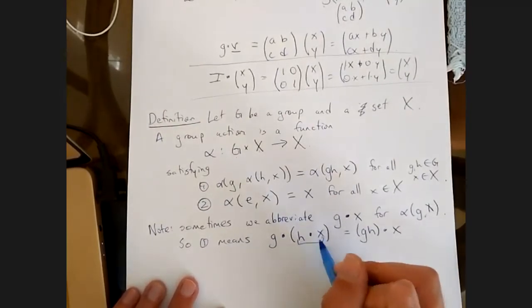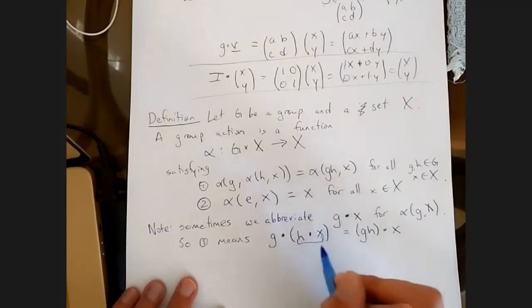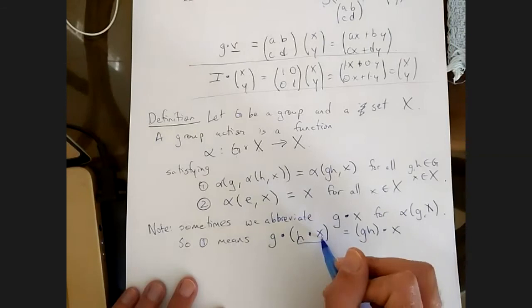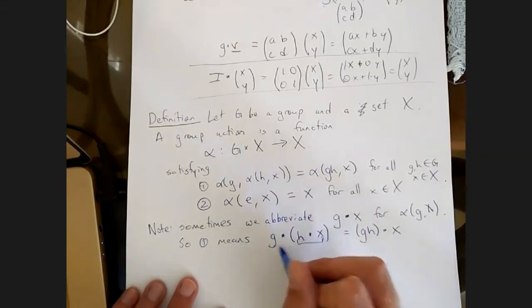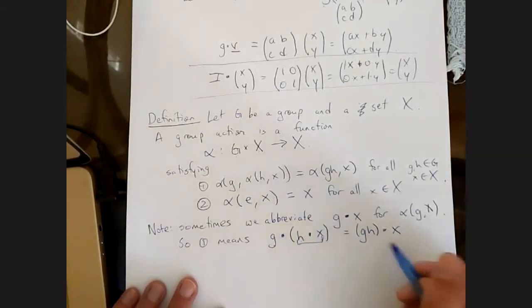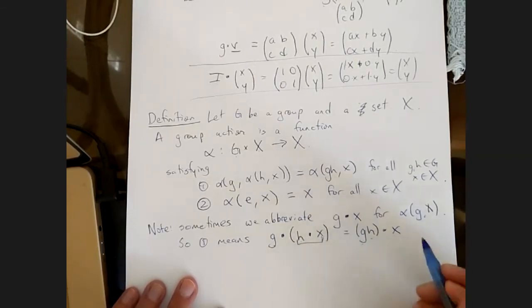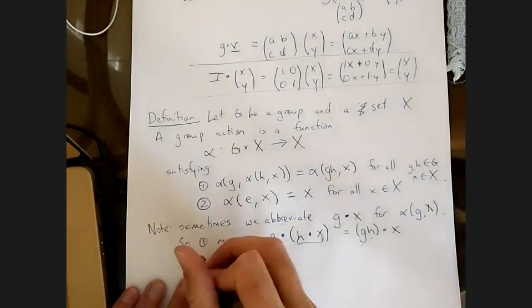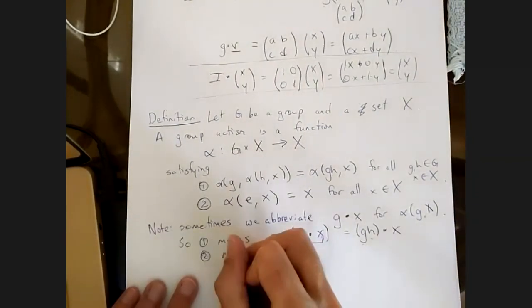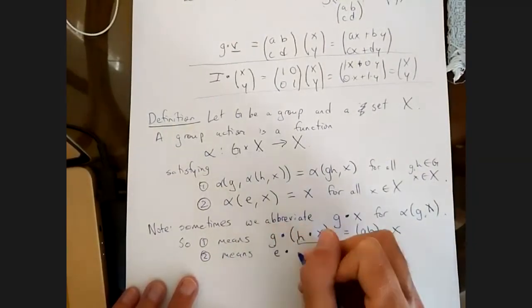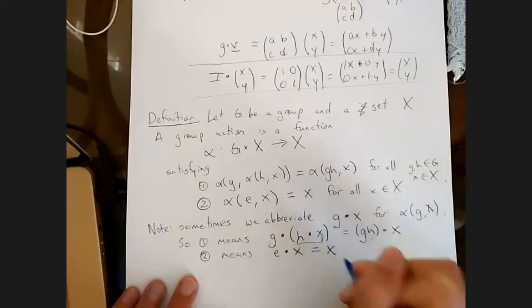So H times X is another element of X, and then G is acting on that. On the right-hand side, we have regular group multiplication of G and H, and then you apply the result to X. And 2 just says that when you let the identity element of G act on X, you get X.